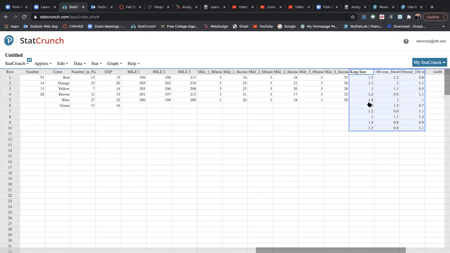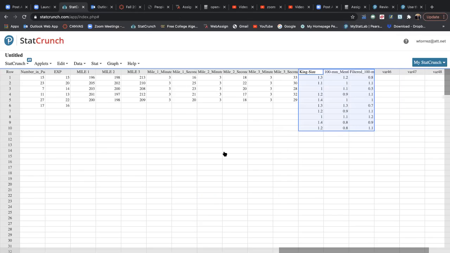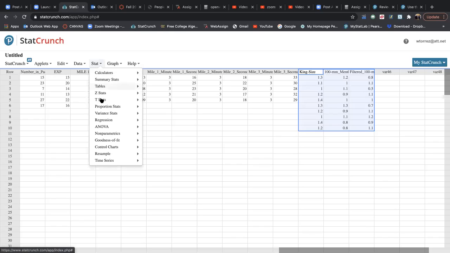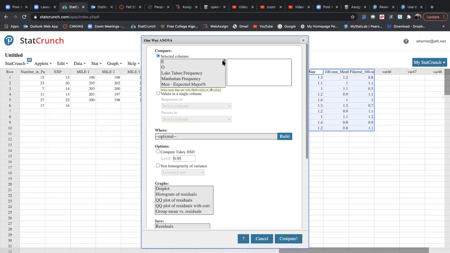Let's do the one-way ANOVA now for this data. There's our three data sets, our three sample values.